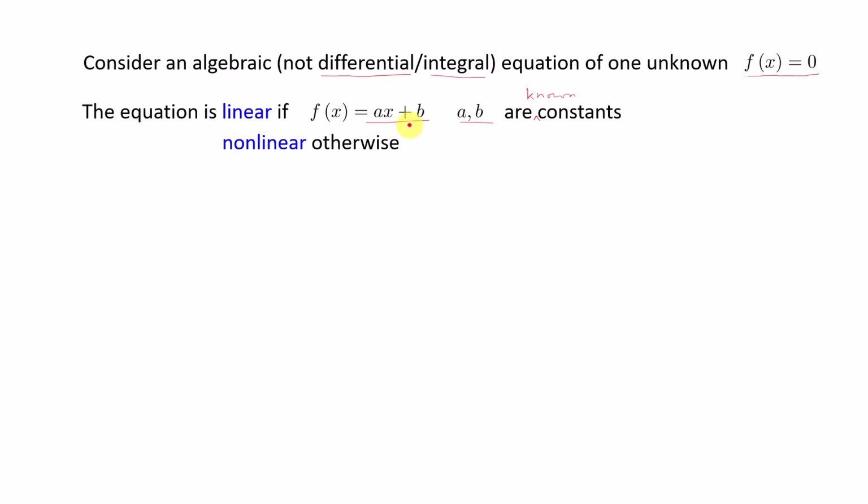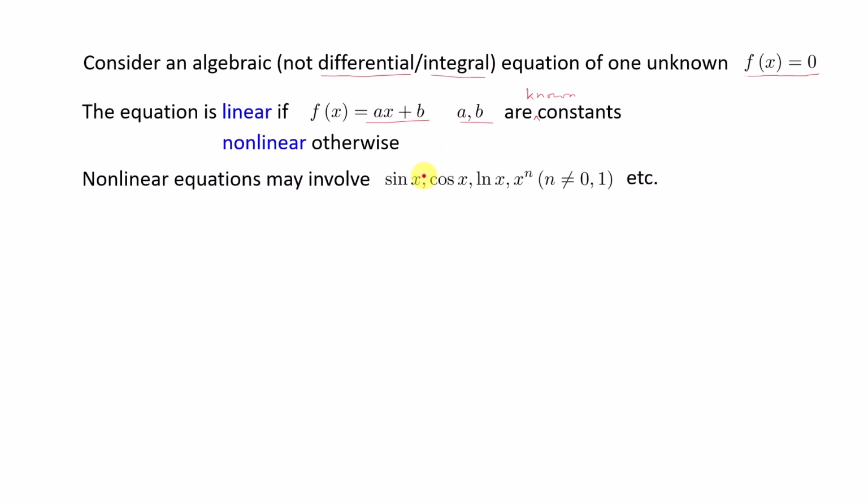Now nonlinearity comes from various terms, such as in a nonlinear equation you can get sin x, cos x, log of x, etc. You will get x to the power n, where n is neither 0 nor 1.